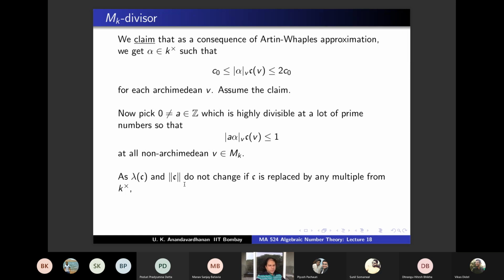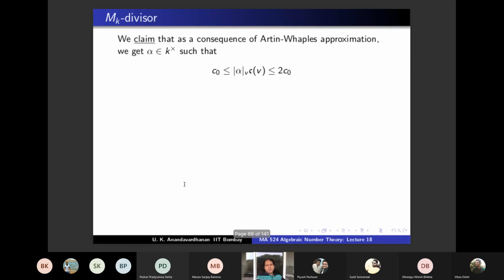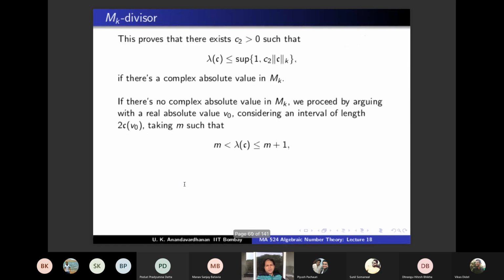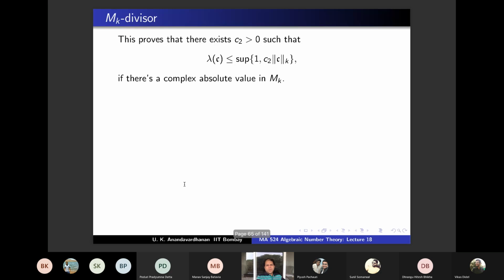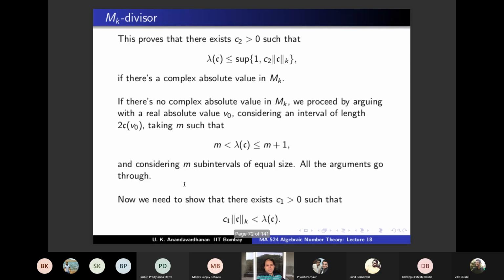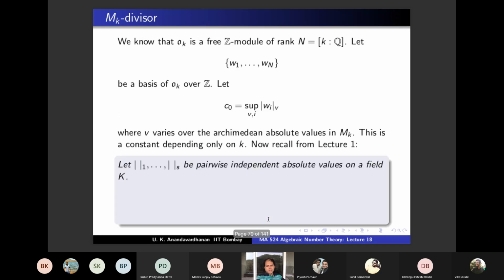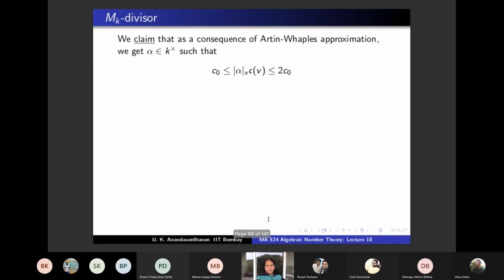And the size of C, the volume of C, does not change because of the product formula, the volume of alpha is 1. So C replaced by any multiple from K star, these two things will not change, and our inequality has only these two things. The inequality is about lambda C and size of C. So neither will change if you multiply. So without loss of generality, you can multiply by a suitable element.